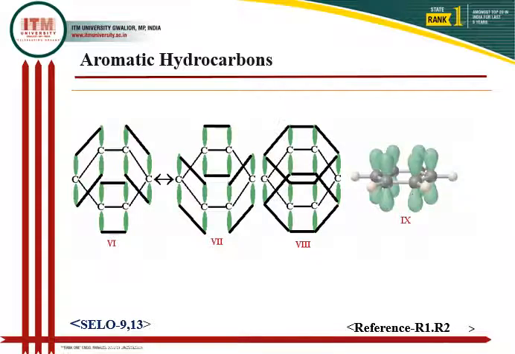In this structure you can see the ring carbon atoms, the sidewise overlapping of the p orbitals, which forms the pi bond, and the pi bond is delocalized over the ring.